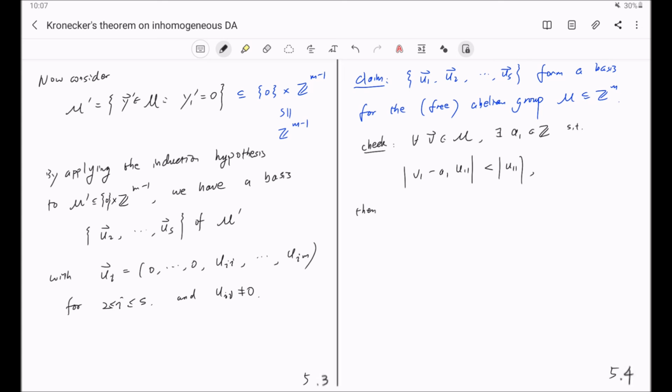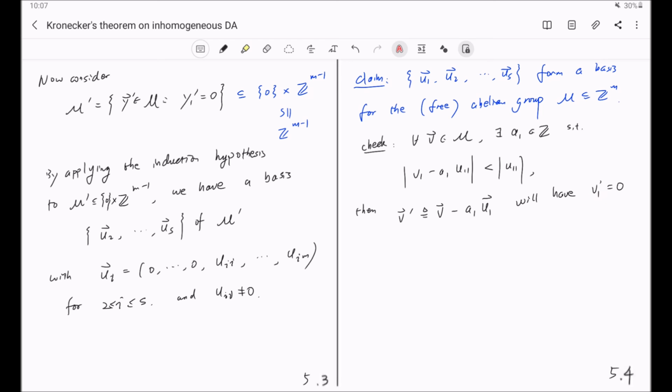Then, if you look at v prime, which is defined to be v minus a1 u1, we will have its first component equal to 0.